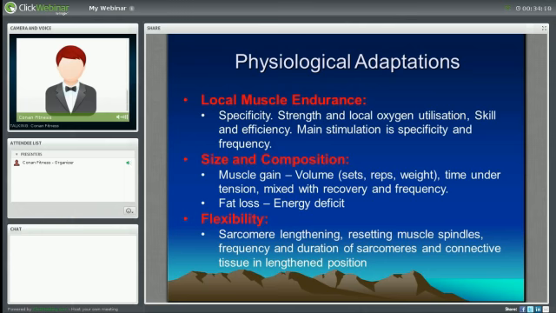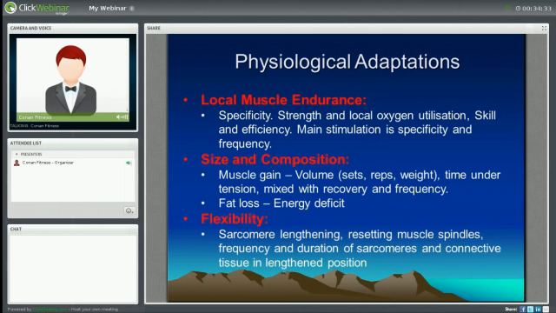There is strength required in local muscle endurance, or strength benefits, I should say. If you're strong, you'll have better local muscle endurance, and also that whole local oxygen utilization. So at the level of the muscle, how good is the muscle at uptaking oxygen and utilizing it? And how that happens, we won't go into now, but just know that it needs to happen.